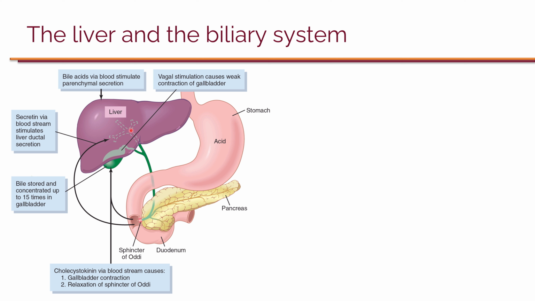So bile acids are essentially made in the liver, and bile acid is the bile. I should say that essentially the liver makes the bile, and the bile includes bile acids. So it's essentially what's secreted is the bile.